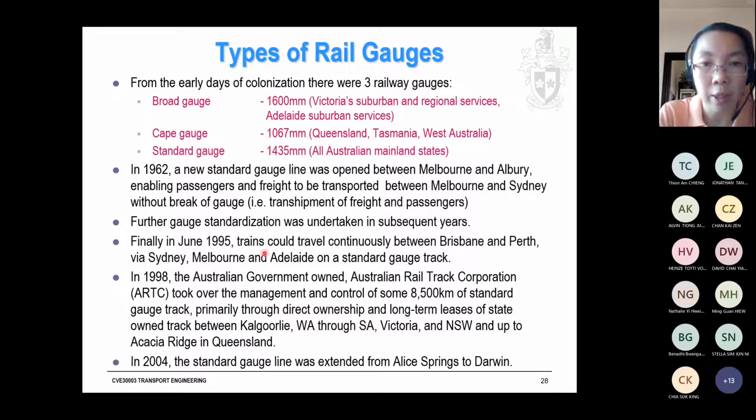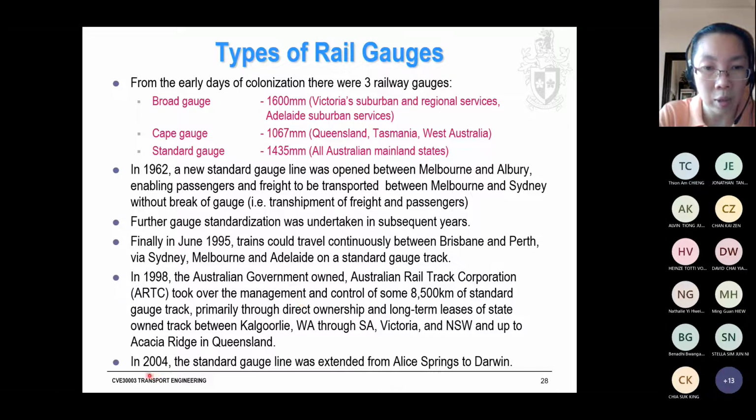In 1995, trains could travel continuously between Brisbane and Perth via Sydney, Melbourne, and Adelaide on a standard gauge track. So we see that more and more standardization has taken place all over Australia. And in 1998, the Australian government-owned Australian Rail Track Corporation took over the management and control of some 8,500 kilometers of standard gauge track, primarily through direct ownership and long-term leases.